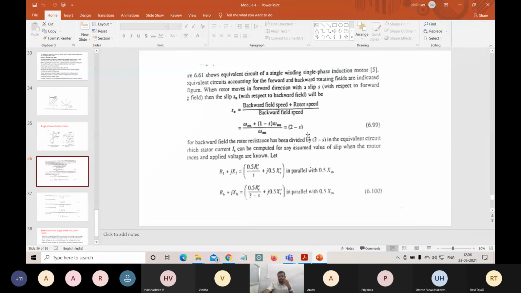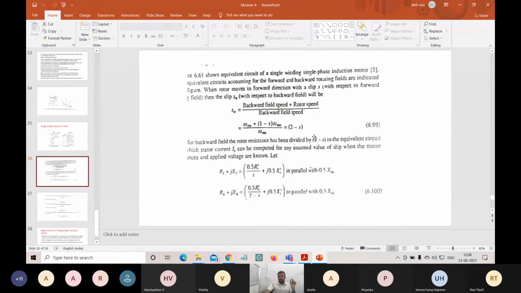Omega ms plus 1 minus s into omega ms. So backward field speed, that is omega ms. The total rotor speed will be given by 1 minus s into omega ms. So just to simplify, you will get 2 minus s. So remember this relationship, Sm is equals to 2 minus s for single phase induction motor.